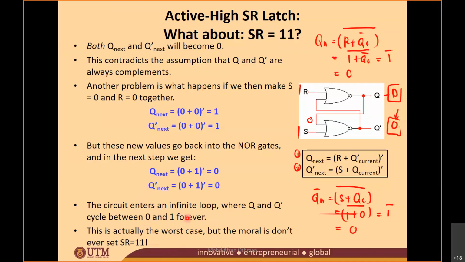Okay, you cannot use the 1 1. You cannot set S1 R1 for your SR latch because this is forbidden. Kenapa forbidden? Sebab output kat sini Q and Q bar produce the same output. Dia tak complement each other.